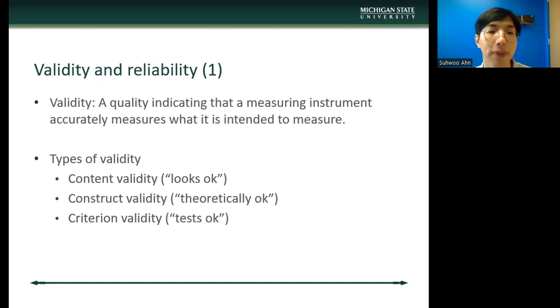So, for example, a test of mathematical ability cannot be limited to addition, but also needs to cover subtraction, multiplication, division, and so forth. A group of experts might look at the measure and check whether it covers the things that should be included. If it looks okay, then we can say the measure has content validity.